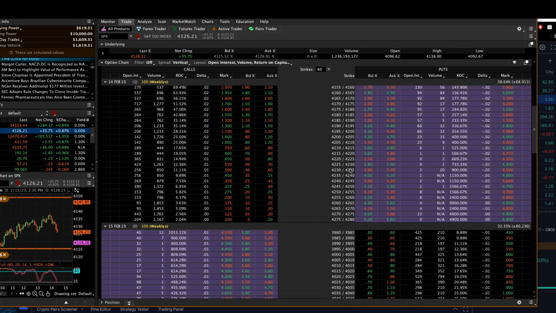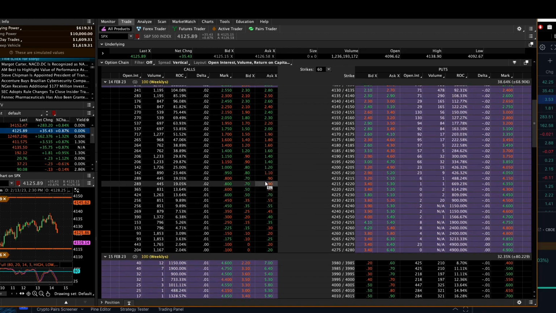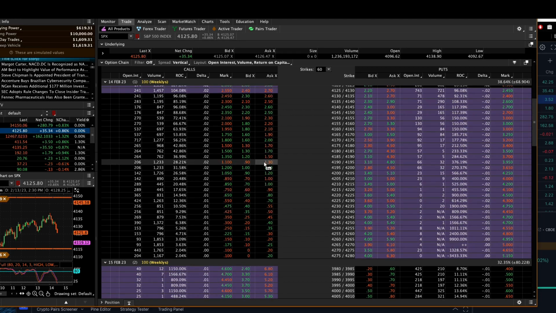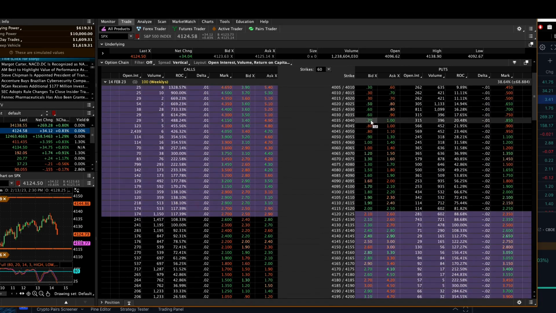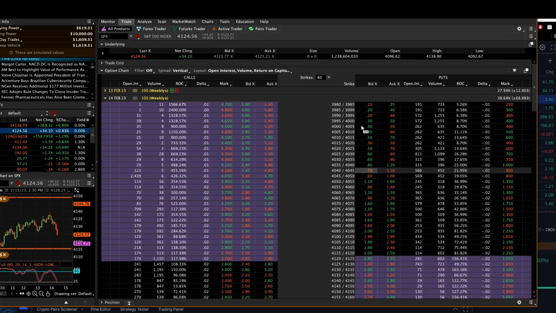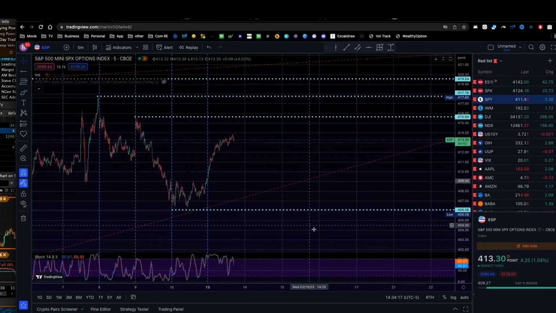If you map that out on the high side, we're looking probably in the 4250s for 2 times the expected move, and the expected move is going to be somewhere around the 4190s, somewhere around here. And on the low side, you're looking right around this area for the expected move, and then double that is going to be down in this range, the 3980s.